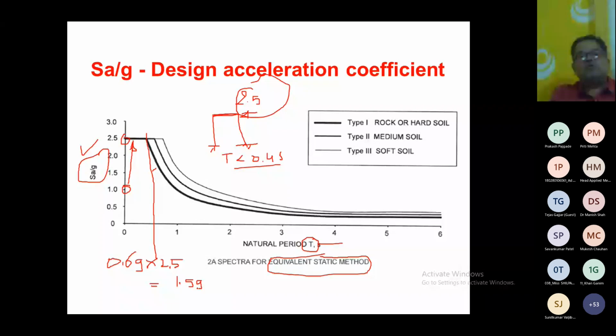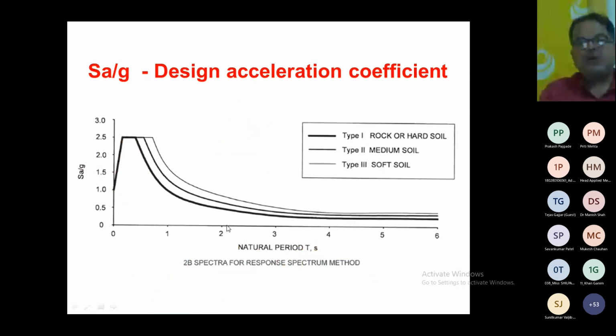Is your structure comfortable with this? No, your structure is not comfortable, I tell you. So this is the huge force which is acting in the lateral direction, right? So if the natural period of the building is less, then it attracts a higher earthquake force, I tell you, and that is dangerous.